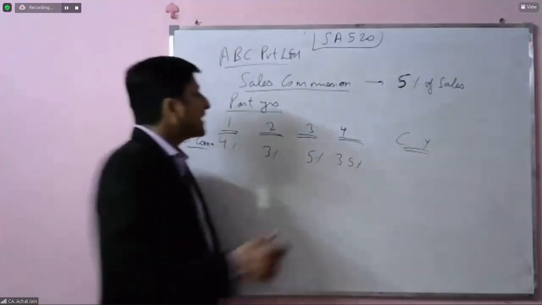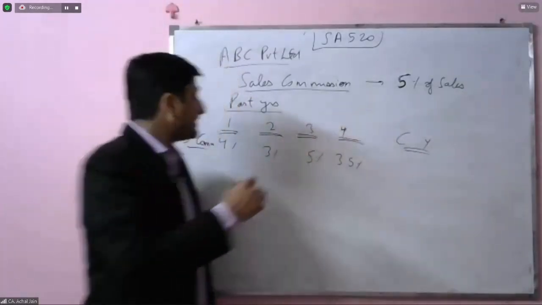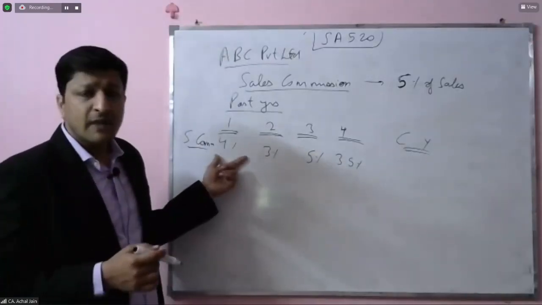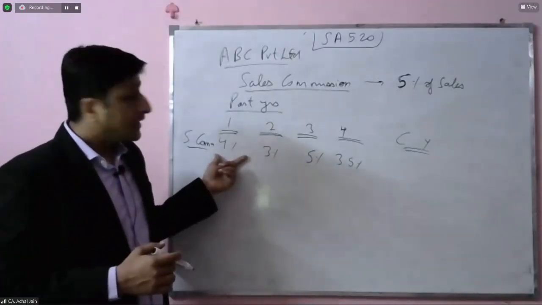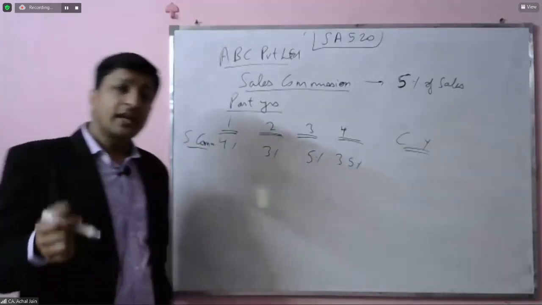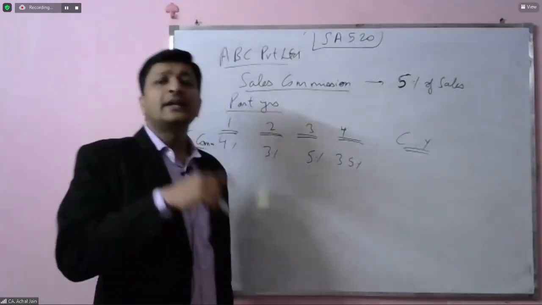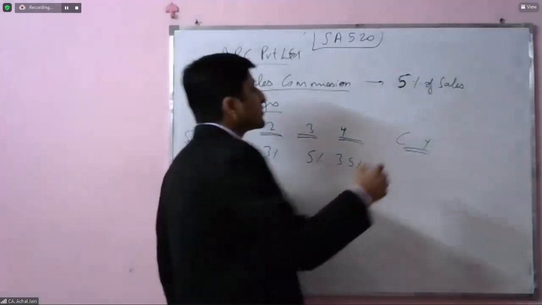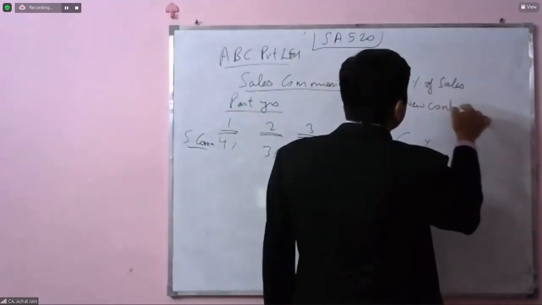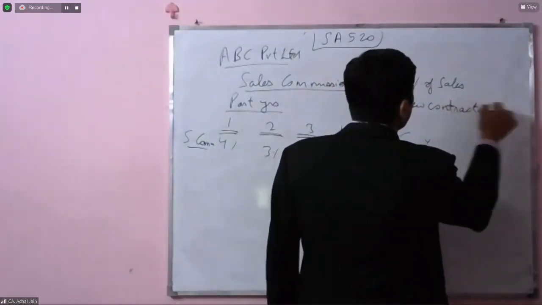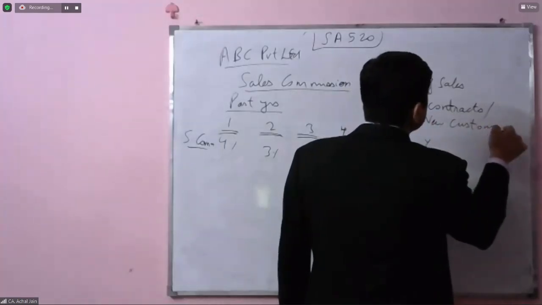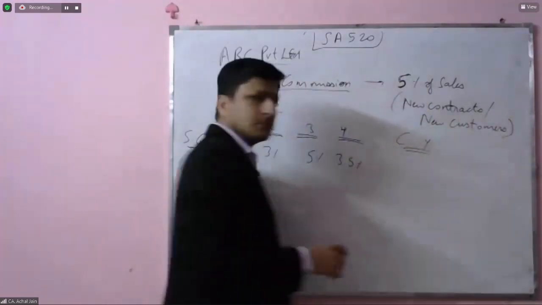No. So that means when this trend was looked at, or even if this percentage was analyzed by the auditor, he got to understand that sales commission cannot be picked up on entire amount of sales. So this is 5% of sales in case of new contracts, or we can say new customers. Understood?